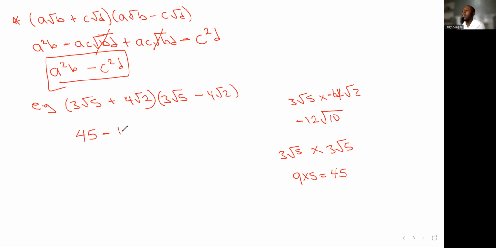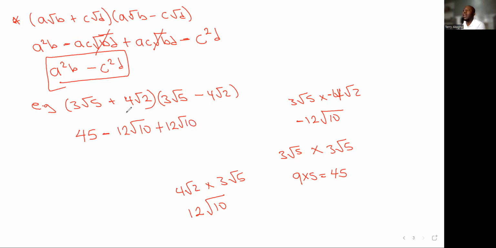So we're going to have minus 12 root 10. The next one, we're going to have 4 root 2 multiplied by 3 root 5. 4 times 3 will give us 12. 2 times 5 will give us 10. And that will give us plus 12 root 10.